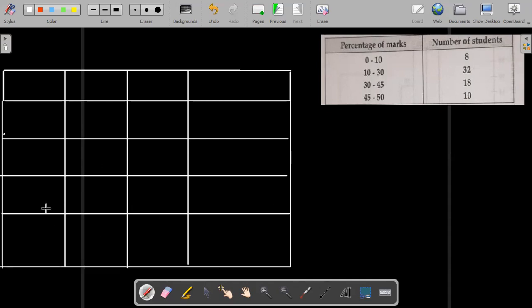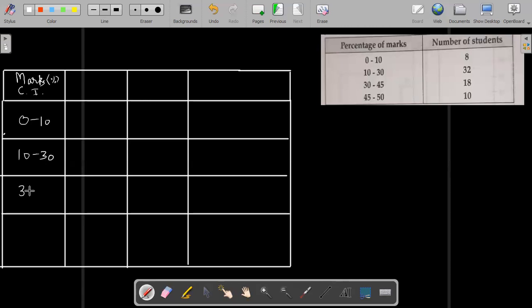So first one is what? Marks. It is in percentage. You can write in percentage, but here we are writing class interval. We have given the class interval 0 to 10, second 10 to 30. So before drawing, we have to check the width.